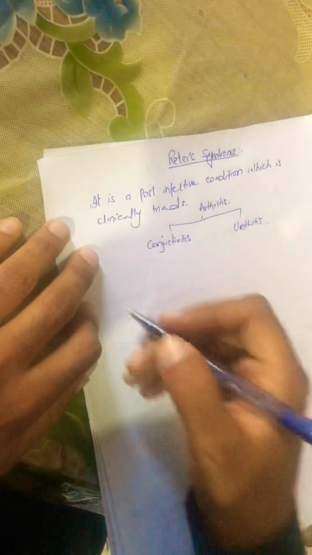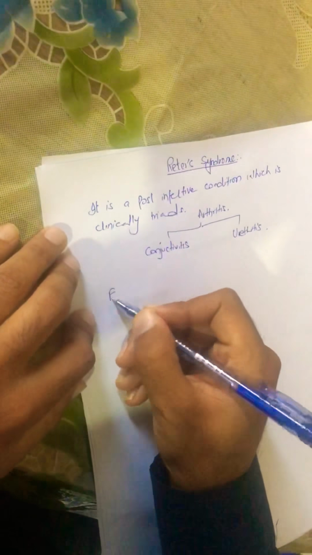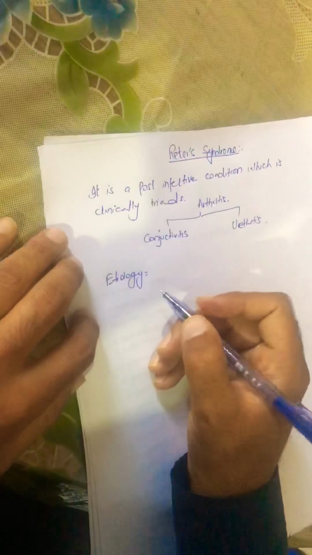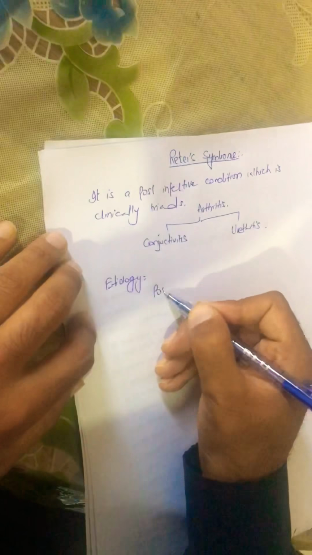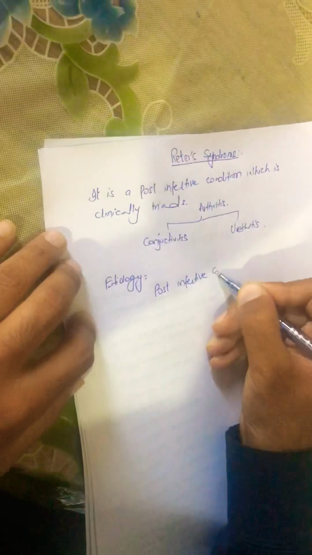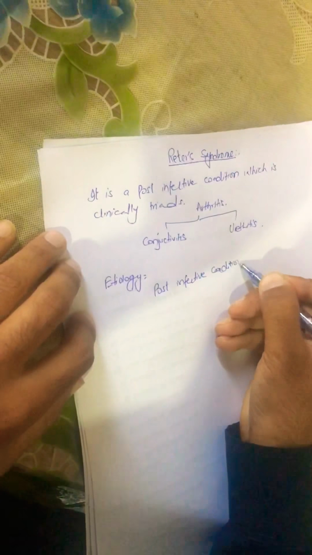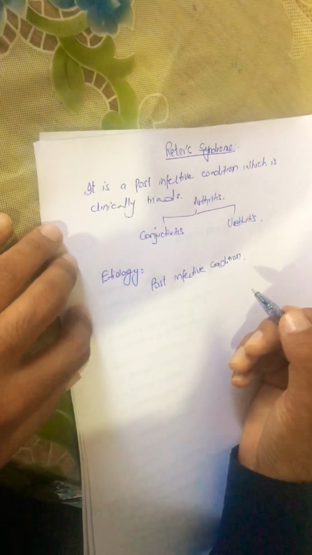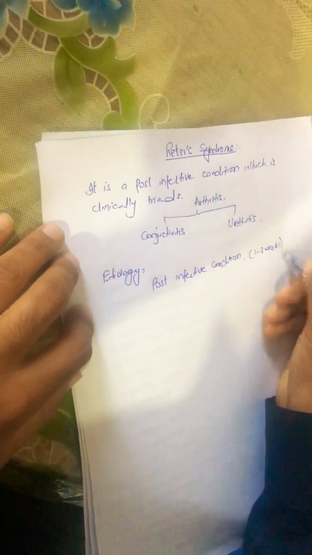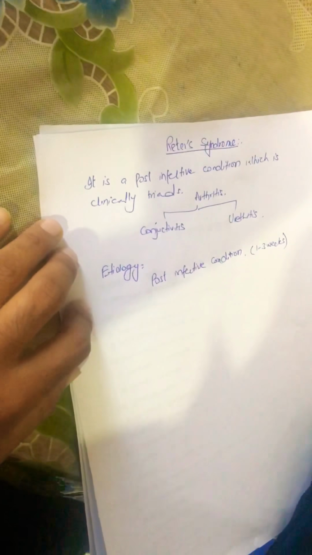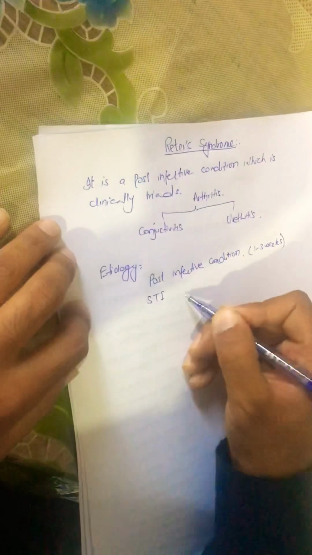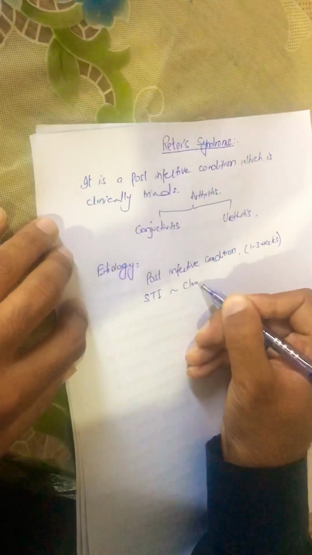Okay, so the next one is we can talk about the etiology. In etiology, as you know, it is a post-infective condition. It appears about 1 to 3 weeks after the infection, and it is transmitted by sexually transmitted infections like chlamydia.